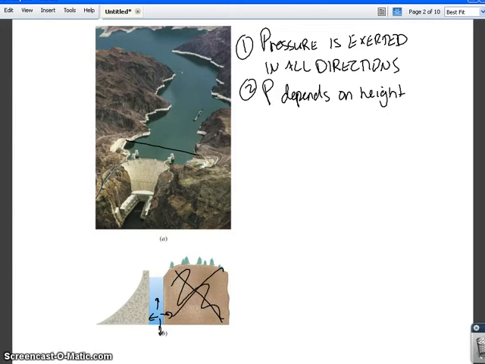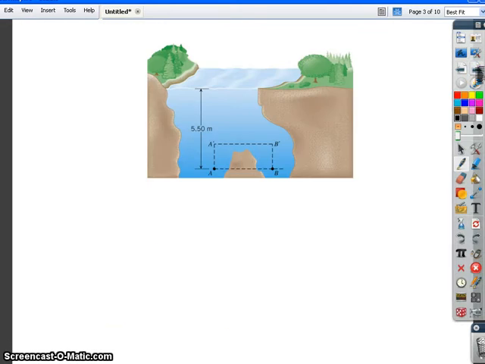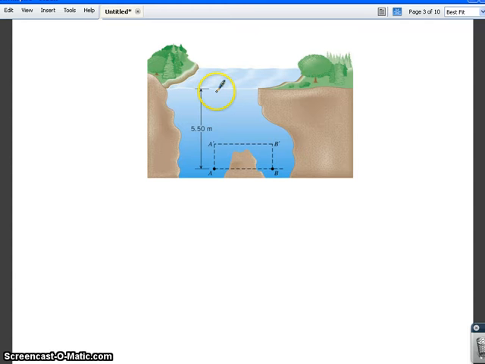Okay? So let's take a look at another example, an example right here of A and B. The question is what has a greater pressure, if you're at point A or point B? Point A is directly below the surface, and point B is kind of under the land right here.